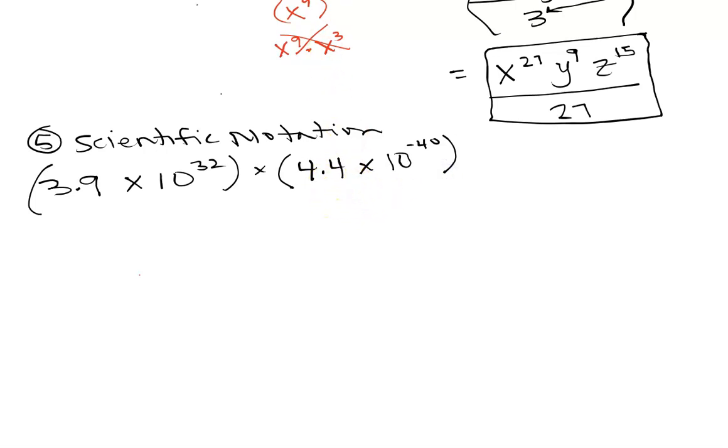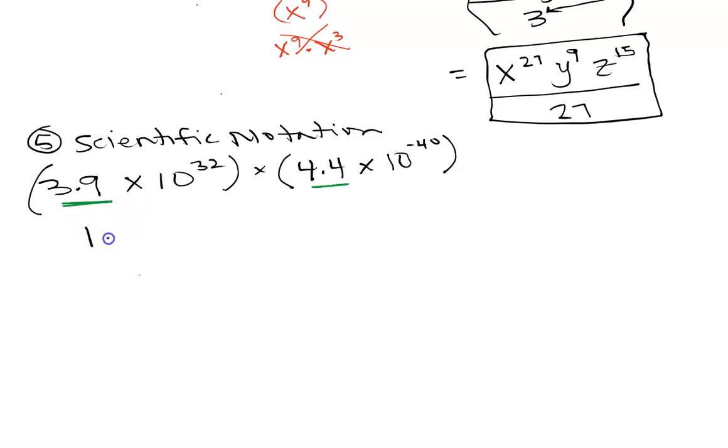Okay, then to do this, this is connected by multiplication. So let's just start off by taking those numbers out in front, those decimal numbers, and multiplying those together. So 3.9 times 4.4. And write out all the digits that there are there.